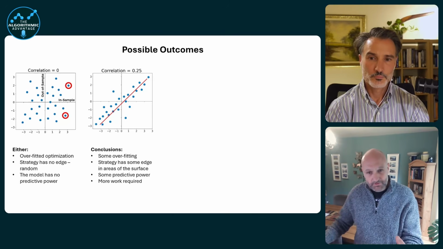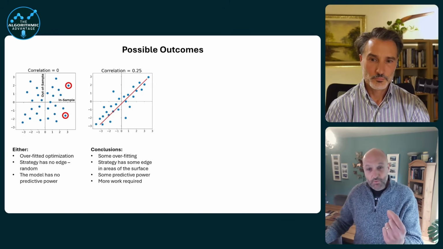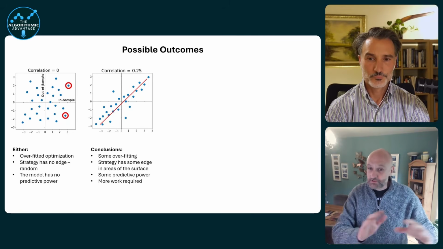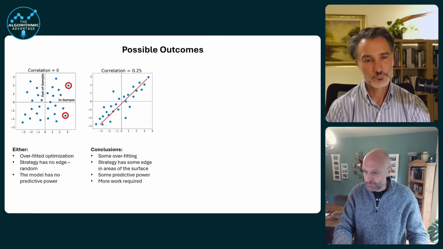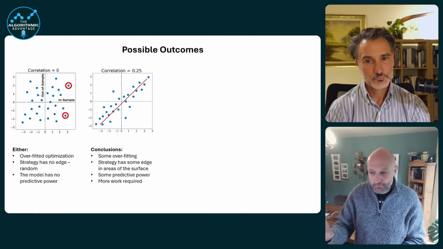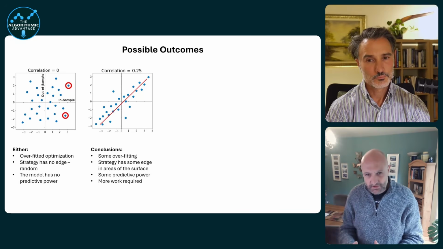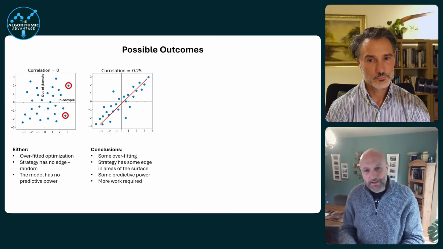This is really important because this now tells you the model works. So it might be worth moving forward to that next stage where you do now select the most robust parameters from the surface. So it has some predictive power, but with a low positive correlation like this, it also indicates there might be a bit more work required first before you move forward.